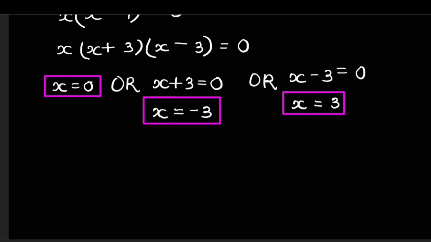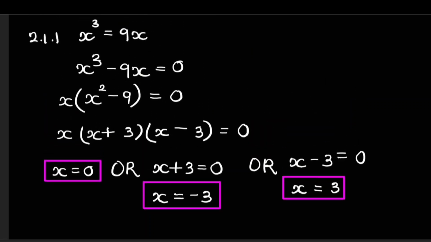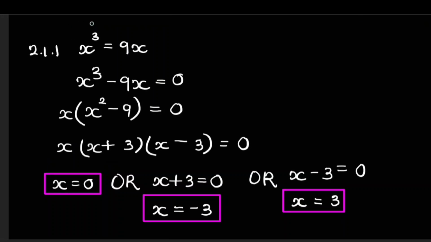Now, you're probably not used to having 3 x values as your answers at grade 10 level. But here's something interesting to take note of. Your highest exponent of x tells you how many x values you can have at most.